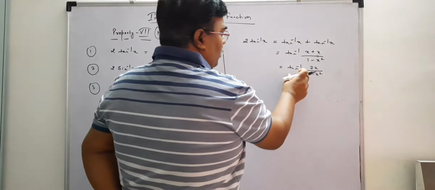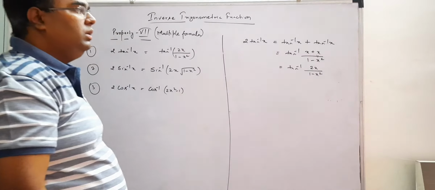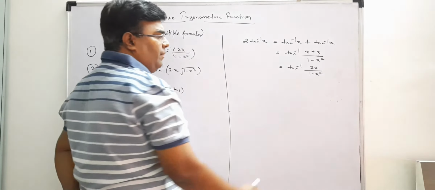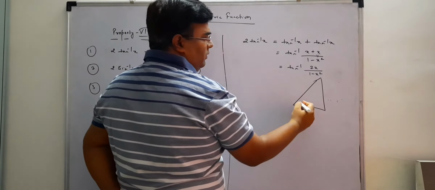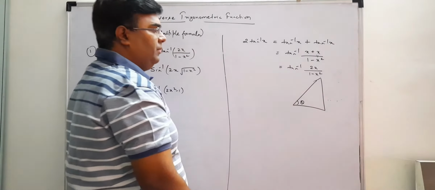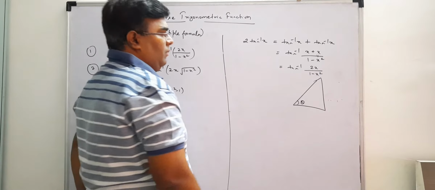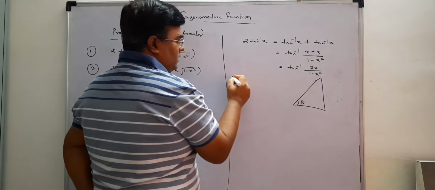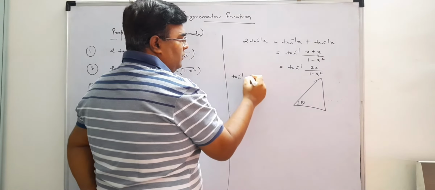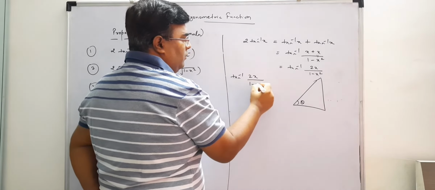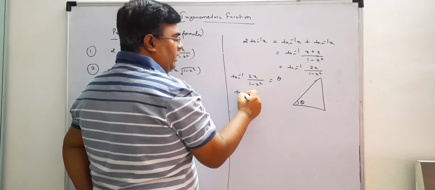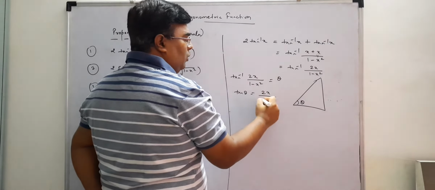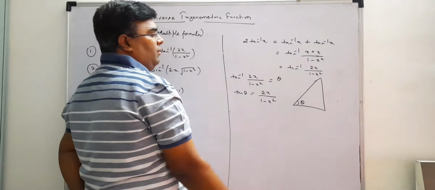Now if we want to convert this tan inverse into sin inverse, what will we do? We will use the triangle. This is my theta. Let us say tan inverse of 2x upon 1 minus x square is equal to theta. So my tan theta is 2x upon 1 minus x square.